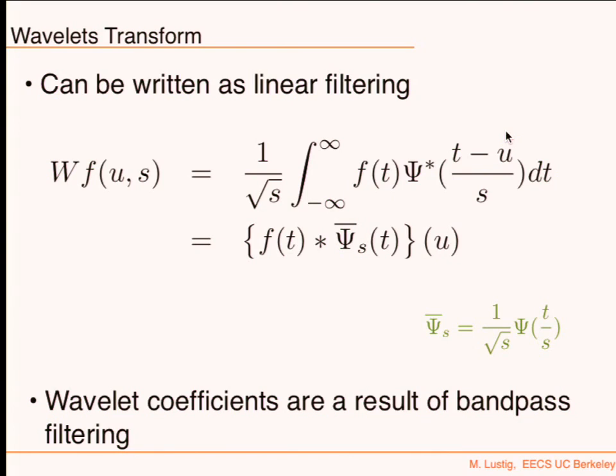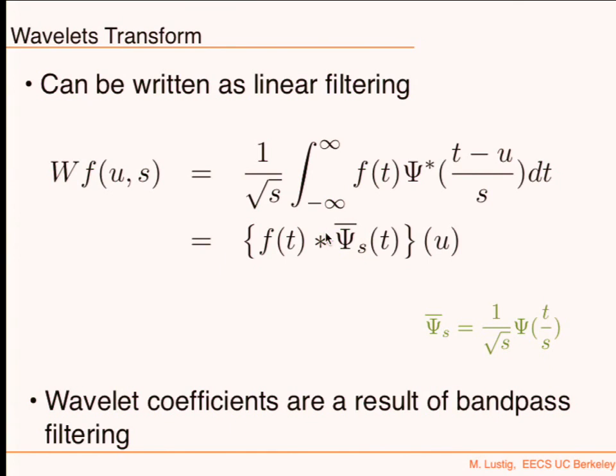Okay? So this is how a convolution is defined. Effectively, you can define it as a convolution with the flipped version of it. So it can be described as basically linear filtering.